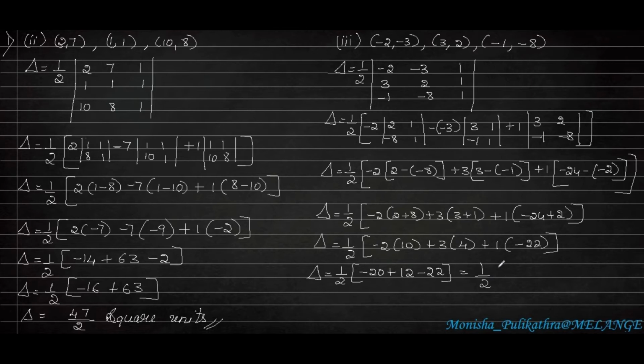So here it will become minus minus. If like signs, we have to add it. So minus 20 and minus 22 is minus 42, plus 12. So this will become minus 30 by 2. So 2 ones are 2, 15s are. So here the area of the triangle will become minus 15 square units.